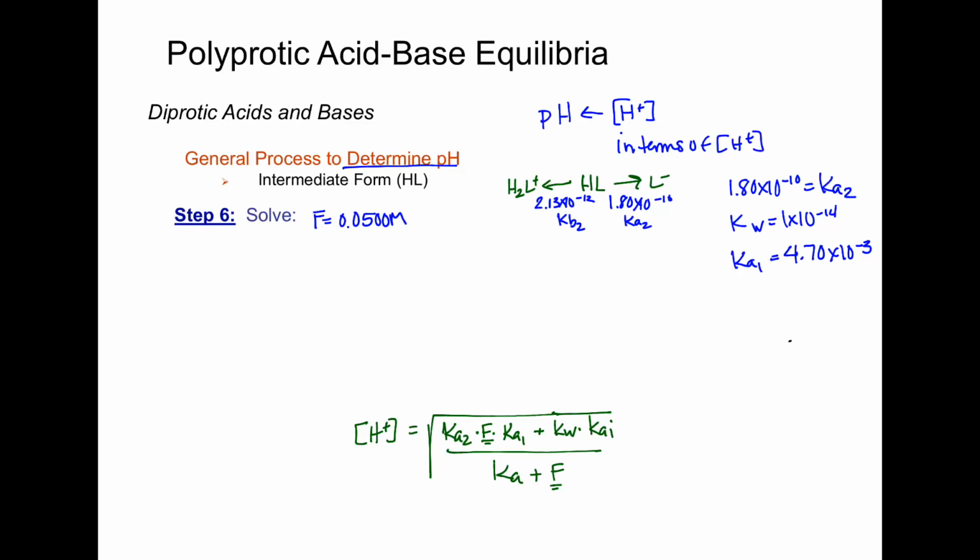So now let's actually put in our numbers there. I have that the hydrogen ion concentration is equal to Ka2, so that's 1.8 times 10 to the negative 10th, times the initial concentration, times Ka1.